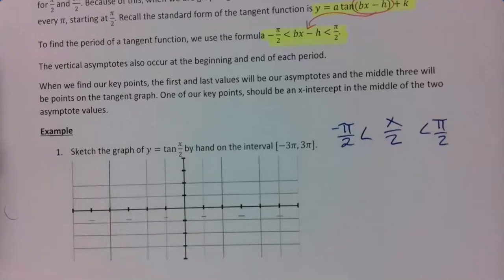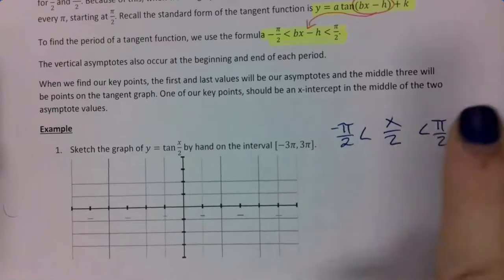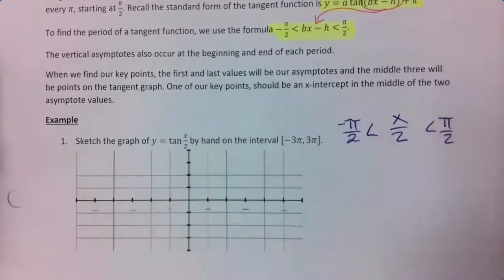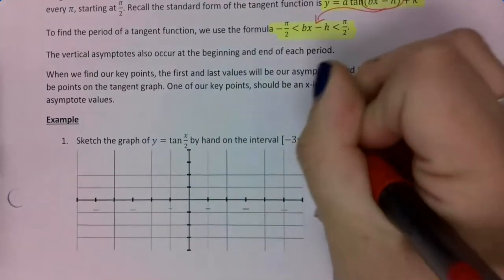So how would I solve this inequality? This one is currently being divided by 2. How do I get rid of division? Multiply. So I'm going to go ahead and multiply everything by 2.